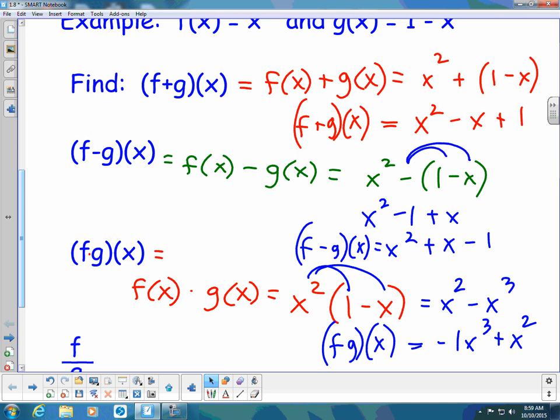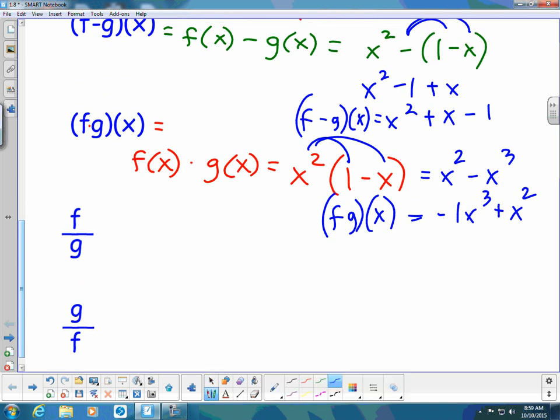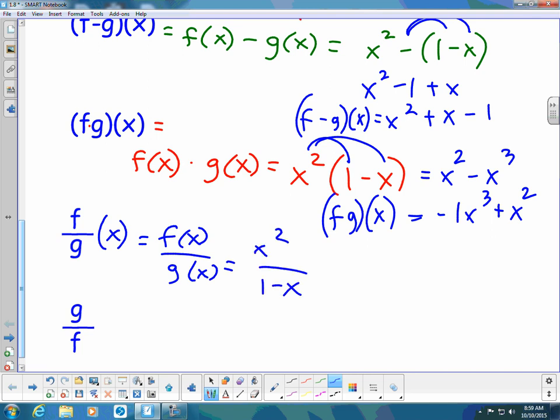And how about dividing? If we have f divided by g of x, let me add that of x part here. So this is the same as f of x divided by g of x. So we would have x squared over 1 minus x. I really cannot simplify that at all, but we could talk about the domains for a moment.